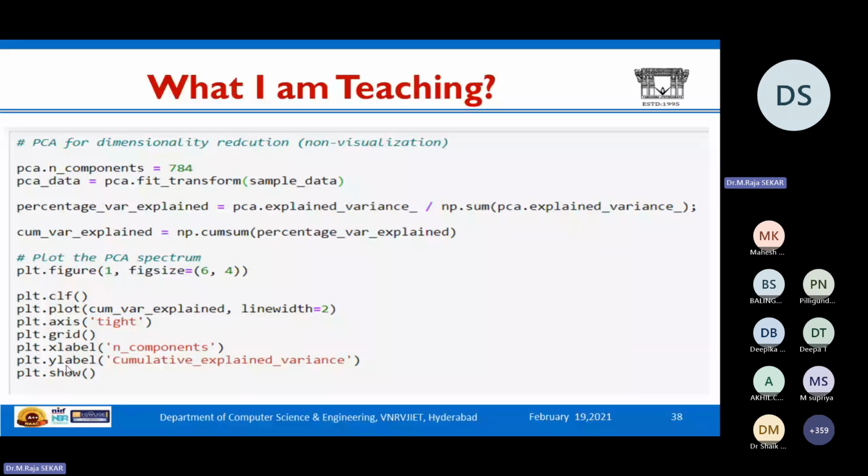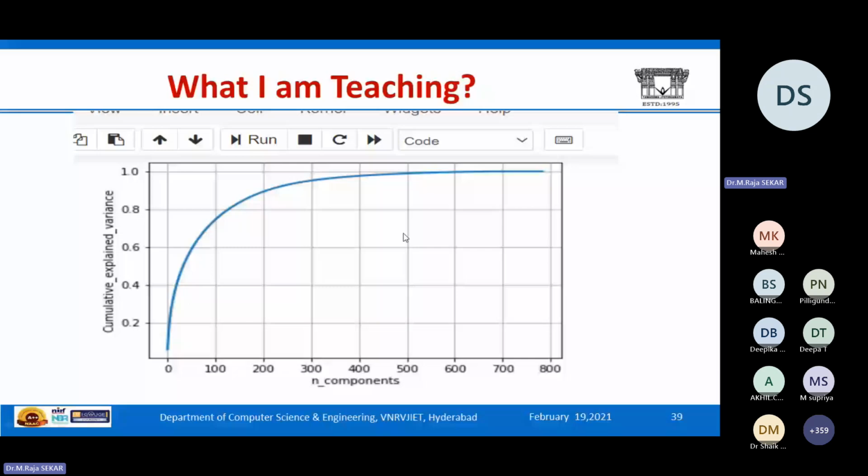Let me show this graph. Just see, how many eigenvalues are there? There are 784 eigenvalues, isn't it? Now, I know it's 12:46, but let me take 2 minutes here. Just understand what I'm doing.